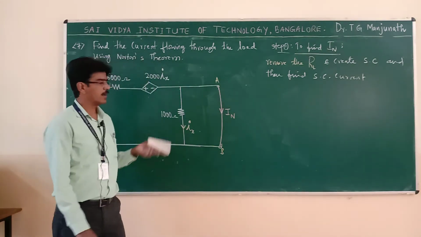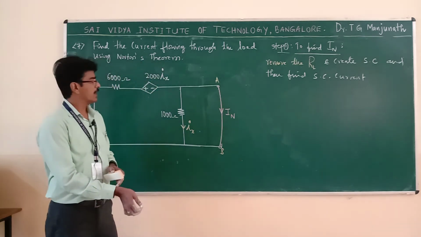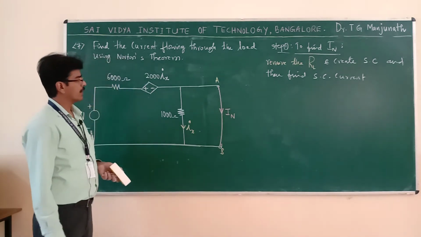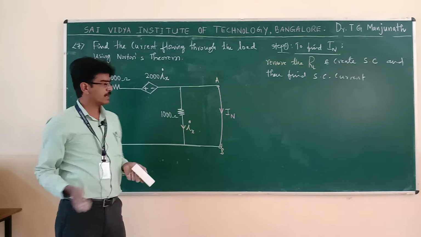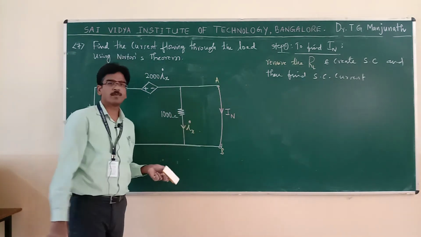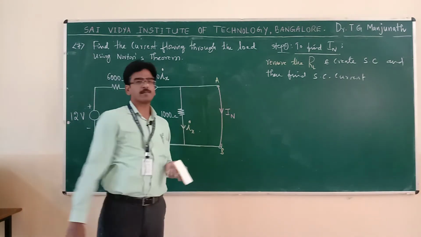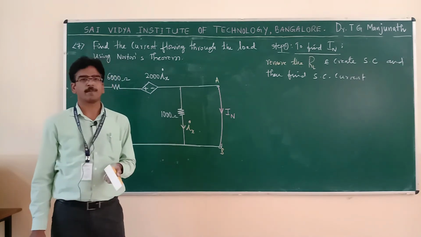As usual, either you have to go for nodal analysis or mesh analysis to solve the currents or voltages in the given network. Now, here, if you want to solve by mesh analysis, you can take this current as I1, this current as I2, solving for I1, I2. So, the I2 current gives IN. If you want to solve by nodal analysis also, you can solve.